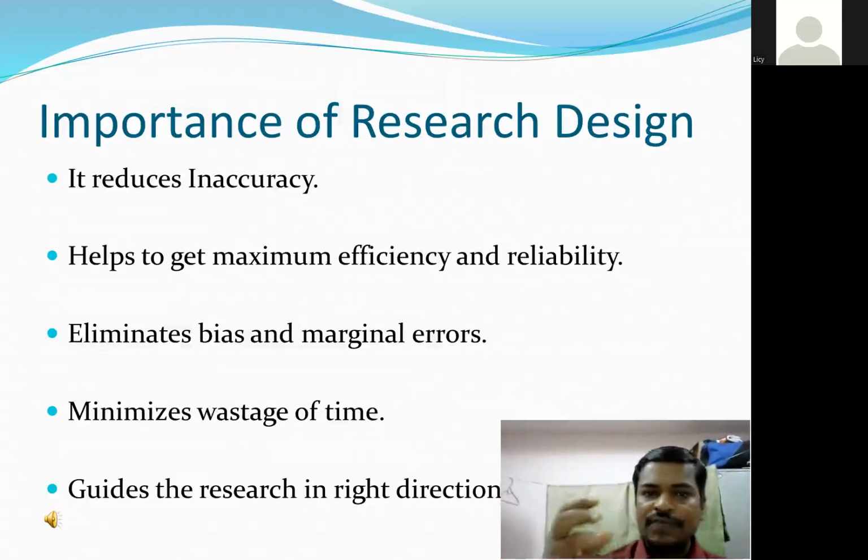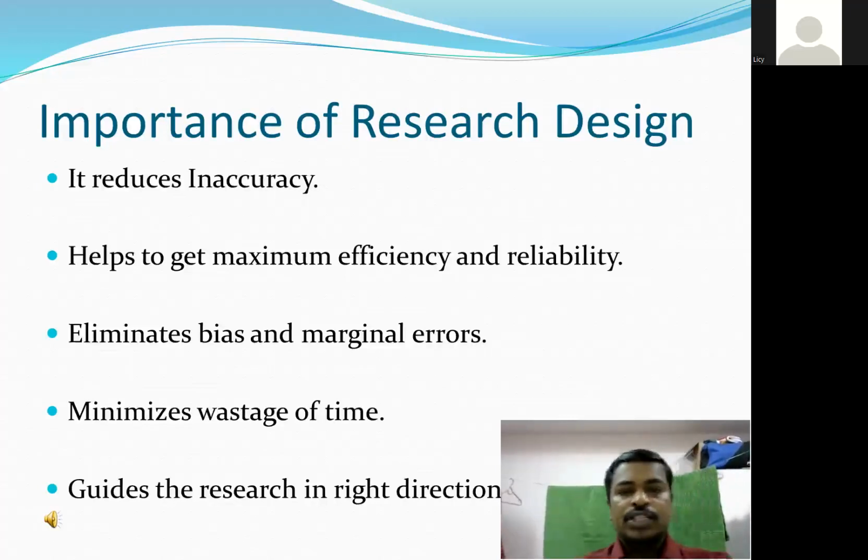The errors you identify before doing the research should be eliminated. When they are eliminated, your research design is a good research design.